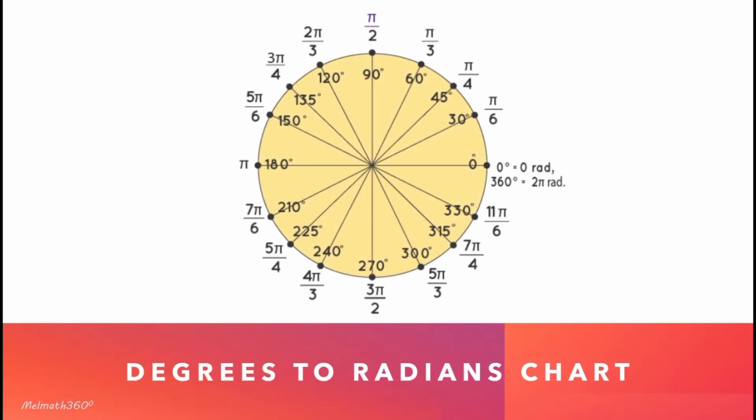We can also use this chart to convert the degrees to radians to make the calculations easier and faster. In this chart, we can see that 0 degrees equals 0 radians and 360 degrees equals 2 pi radians.